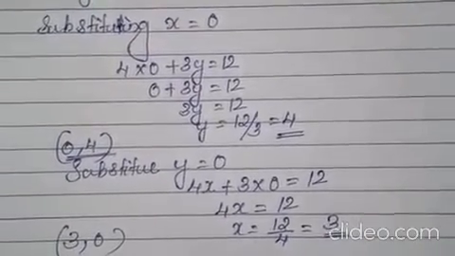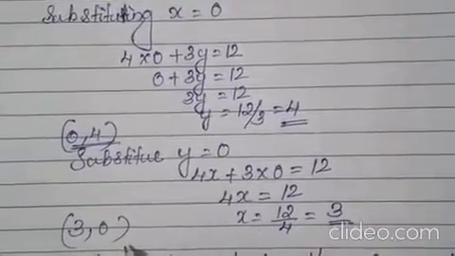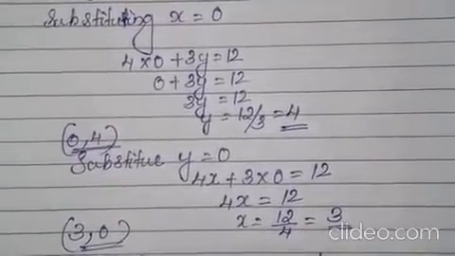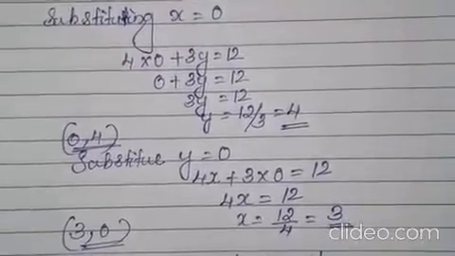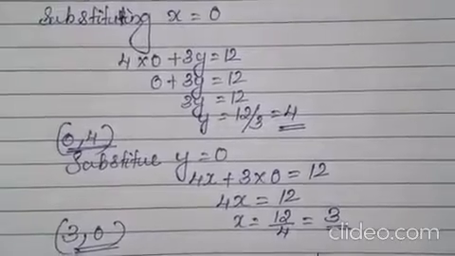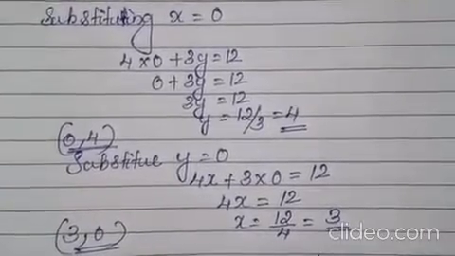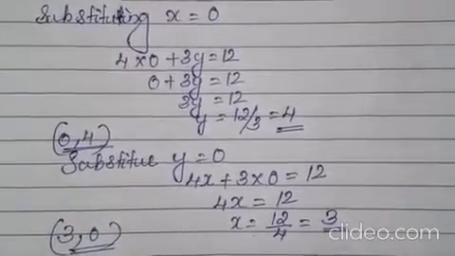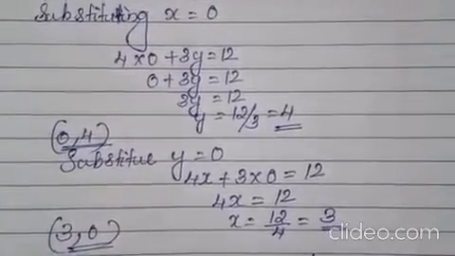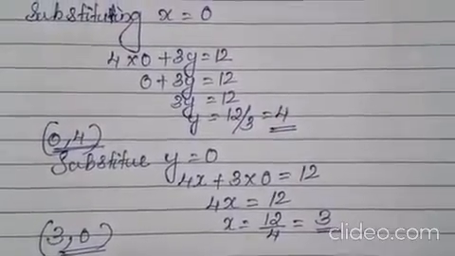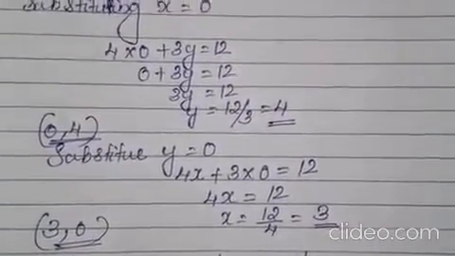This is the other solution. Understood? So we got (0, 4) and (3, 0) as the required two solutions. If we substitute x equal to 0, we get the y value, and if we substitute y equal to 0, we get the value of x. Then we get two required solutions. In this way we are finding the solutions of the given equation.